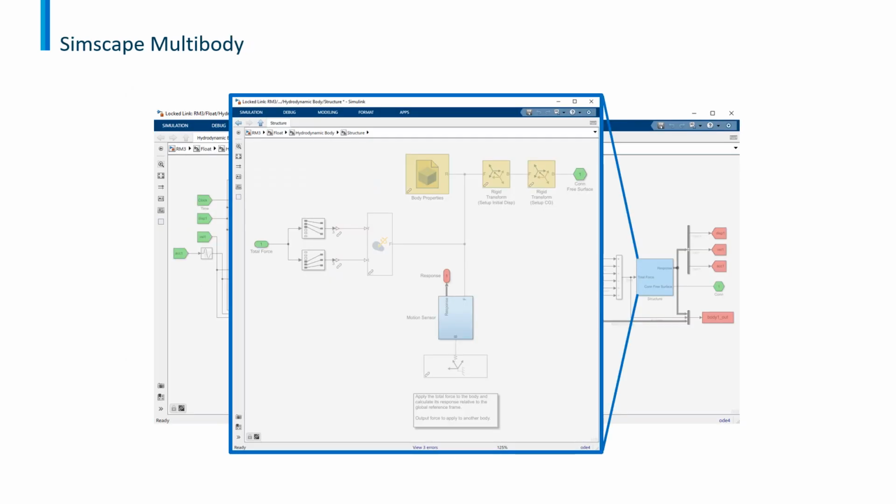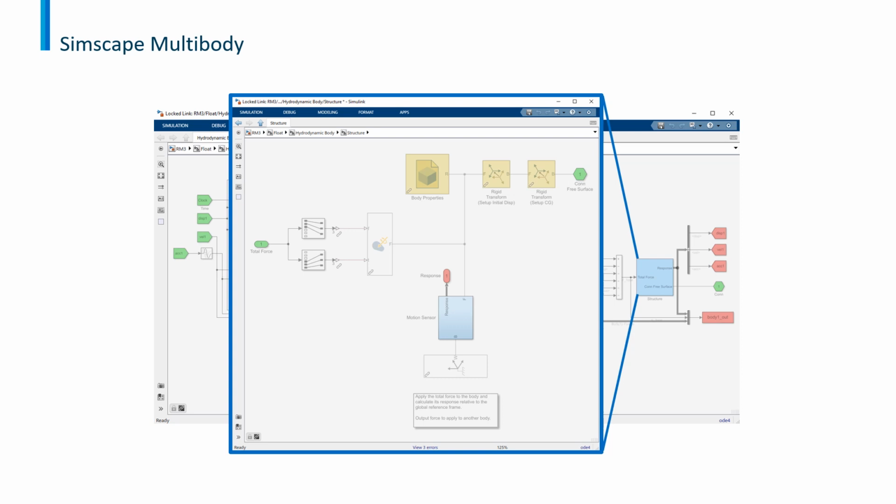Here is the culmination of all the force calculations that were discussed in previous slides. The green total force block on the left brings in the summation of all the forces that were calculated previously. These forces are exerted on the body using the external force block.